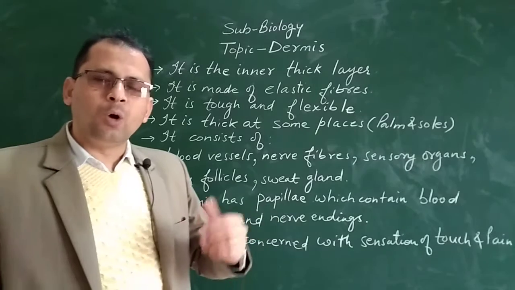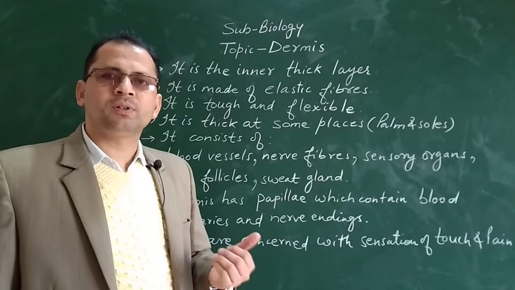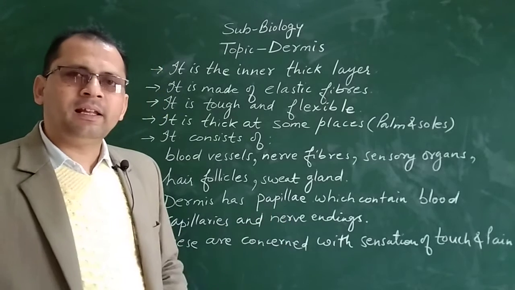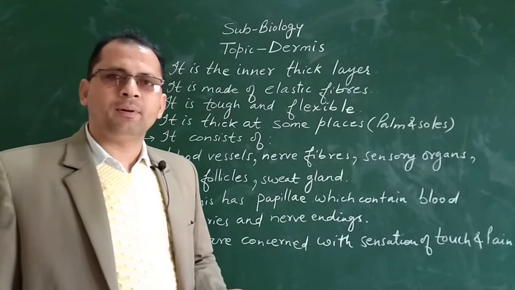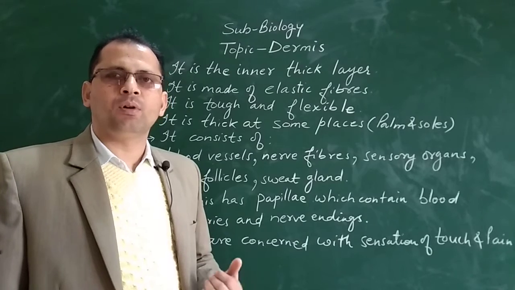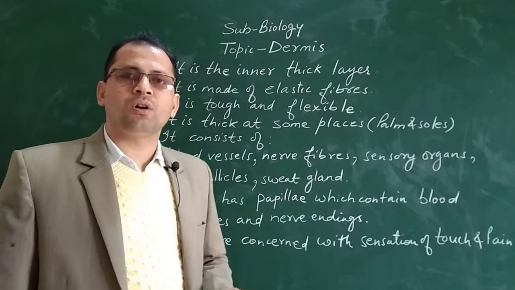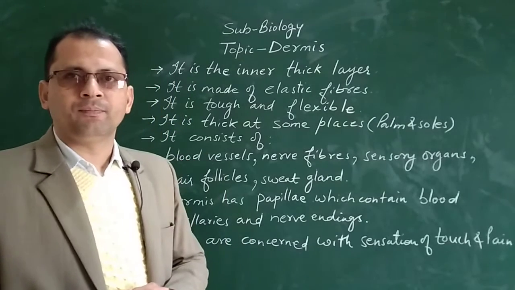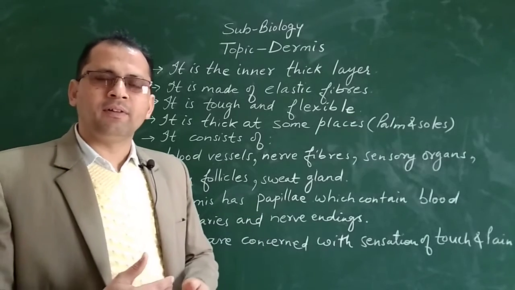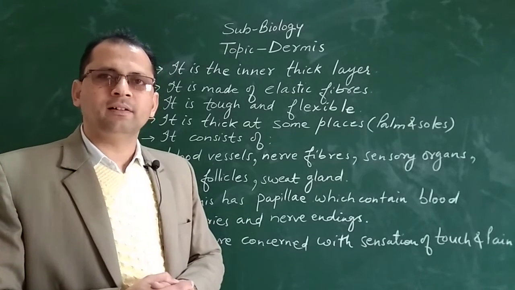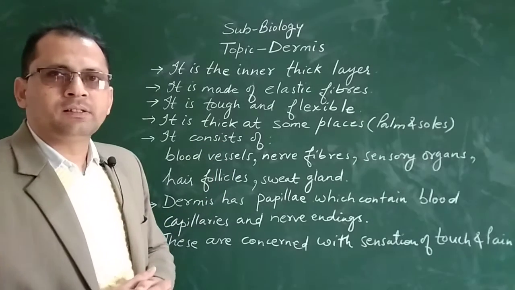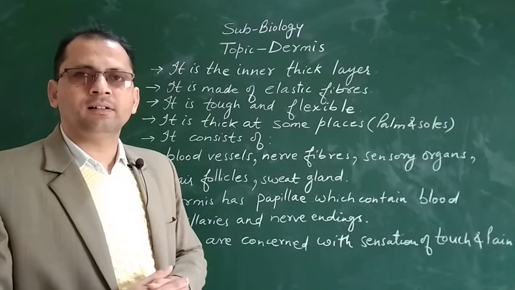Papillae are the outward projections present on the dermis, and these papillae contain the blood capillaries and nerve endings which play a very important role in the sensation of touch and pain. This means the papillae are responsible for the sensation of touch and pain. So these are the very important points regarding the dermis.